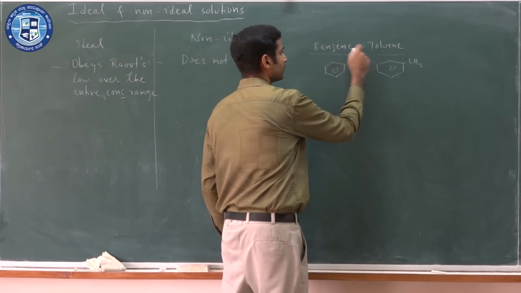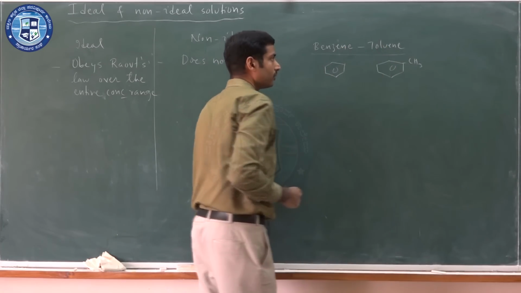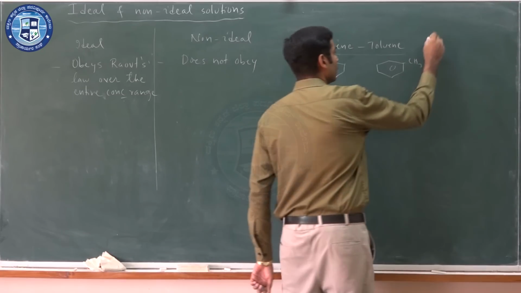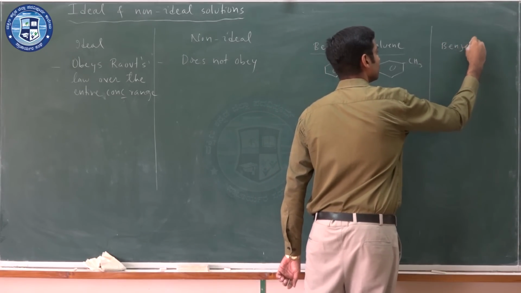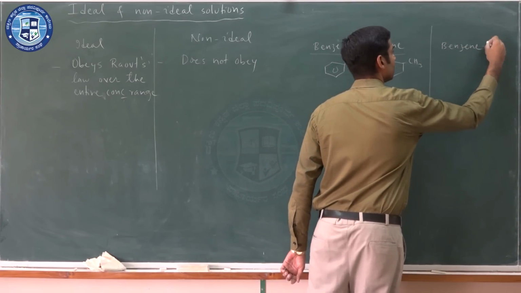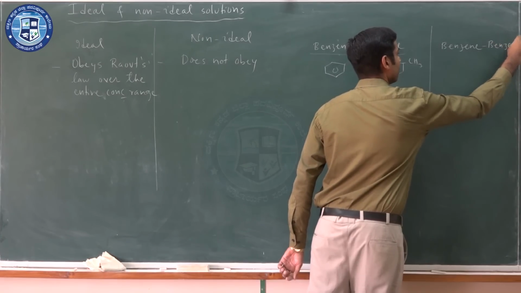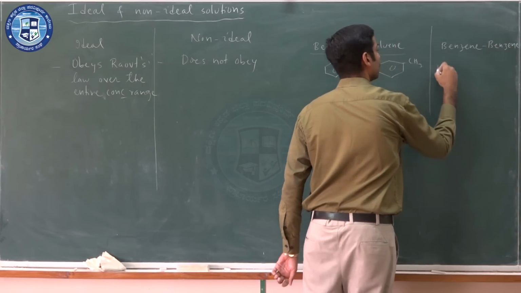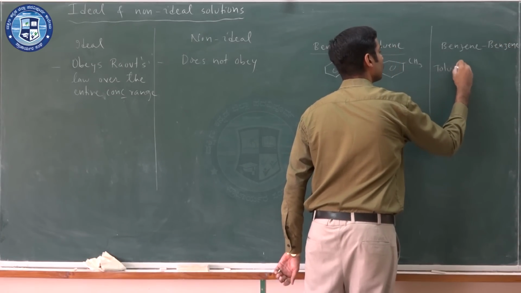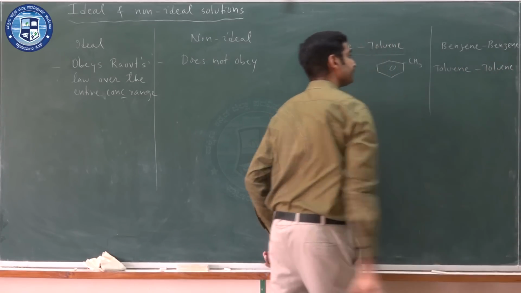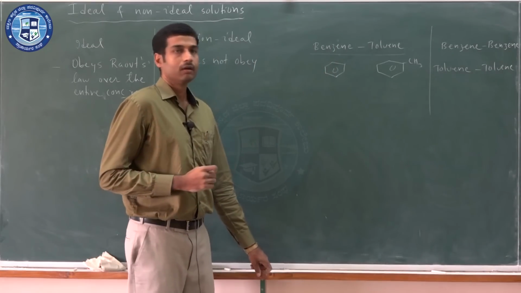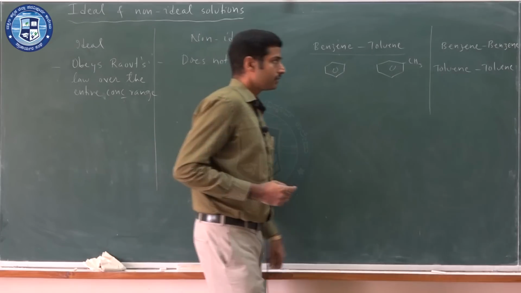the interaction between benzene and toluene molecules will be very similar to the interaction between benzene molecules in benzene or between toluene molecules in toluene. Now, what do you understand by this?